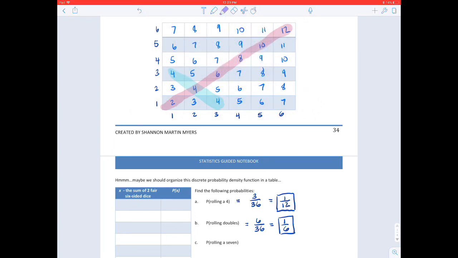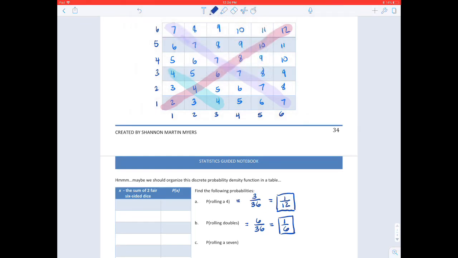There's the same number of ways that you could roll a 7 as you can roll doubles. So 7 is going to be the most repeated single number. Make sense? All right, perfect.